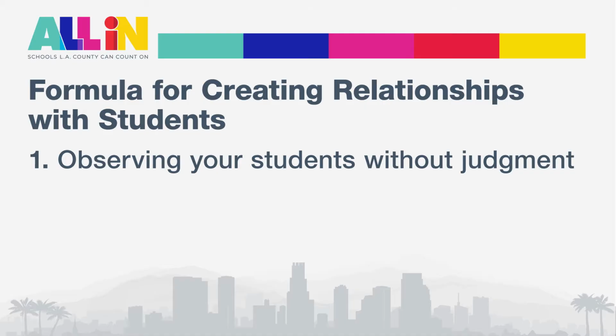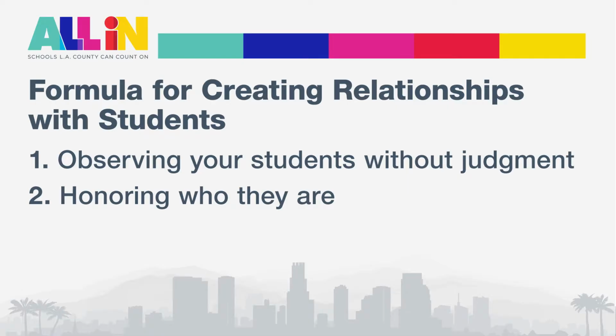Number 1, observing your students carefully and without judgment to begin discerning their identity, who they are. Making the choice to honor who they are or their personality, and coming from the place of authentically being able to say, I see you, just like the movie I talked about.